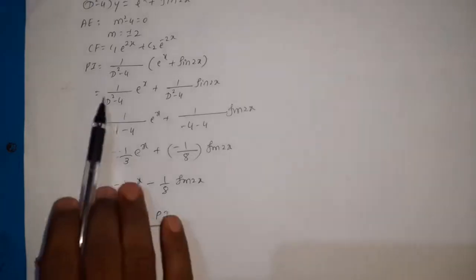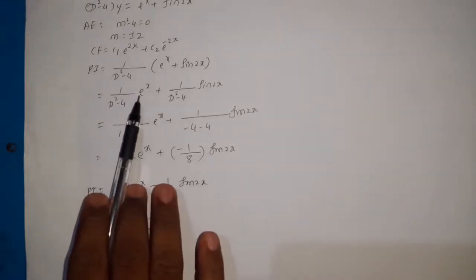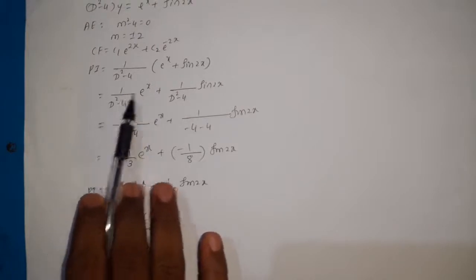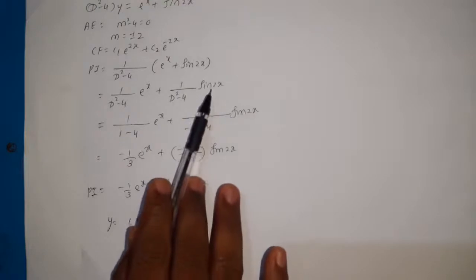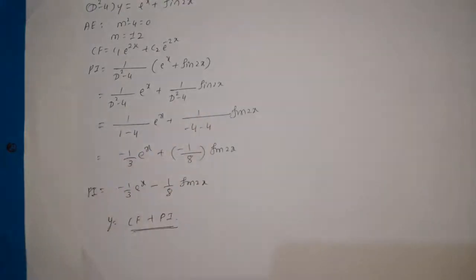So here the first part is of the form of the first case, that is 1 by f of D into e power ax, and the second part is 1 by f of D into sin ax. So therefore split the function which is in the denominator for each and every function which is given on the right hand side of the differential equation.